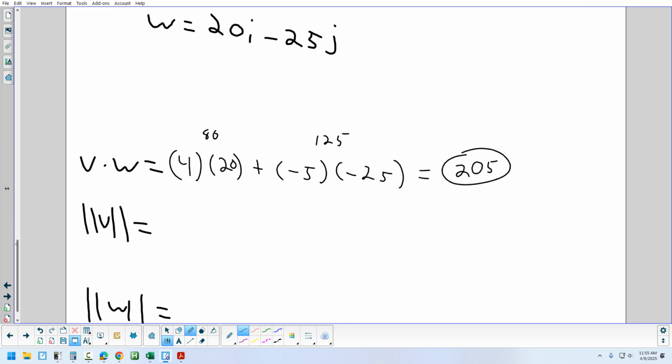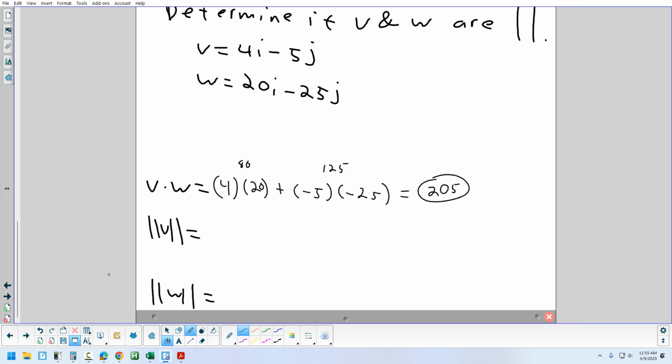How do we get the magnitude of V? You do the square root of 4 squared plus negative 5 squared. Square root of 16 plus 25, which gives me the square root of 41. Okay, I got the magnitude of V. And the last thing I need is the magnitude of W. How do I get the magnitude of W?